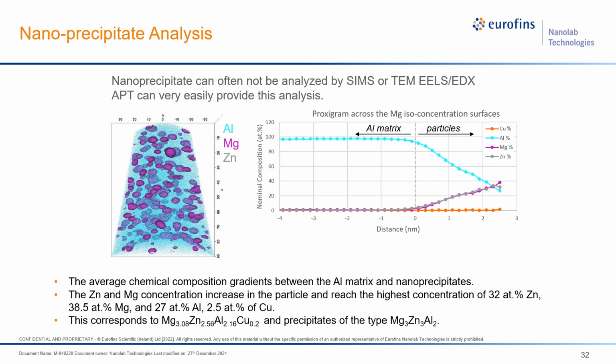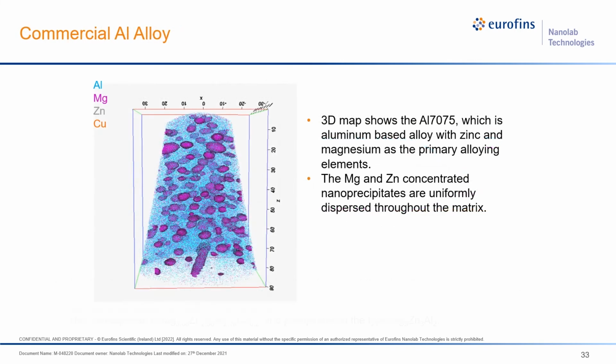And we can identify the concentration of each of these elements, which can then help to identify what kind of precipitates are present in these alloy materials. Now, such an analysis is very easy to do with atom probe tomography, even when these nanoprecipitates are about a few nanometers in all 3 dimensions.